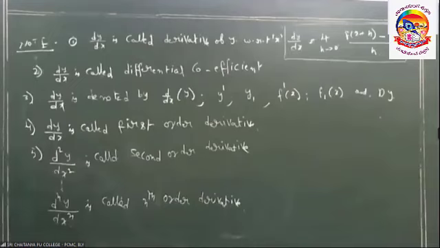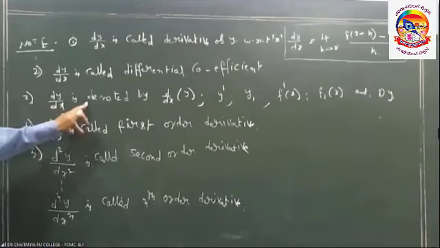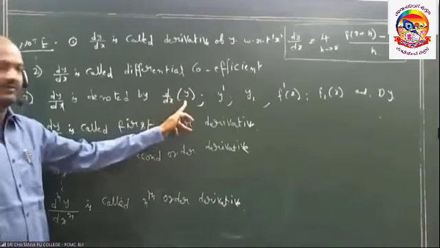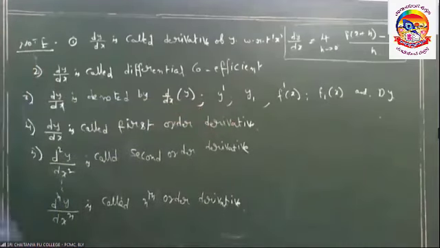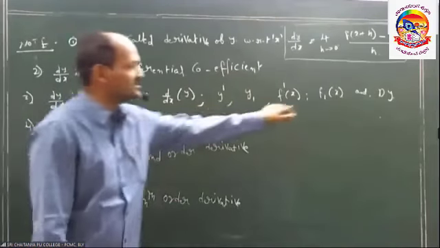Listen. First one: dy by dx is called derivative of y with respect to x. Second one: dy by dx is called differential quotient. Dy by dx is also denoted by derivative of y, y dash, or y1, or f dash of x, or f1 of x, and D. All are differentiation symbols.